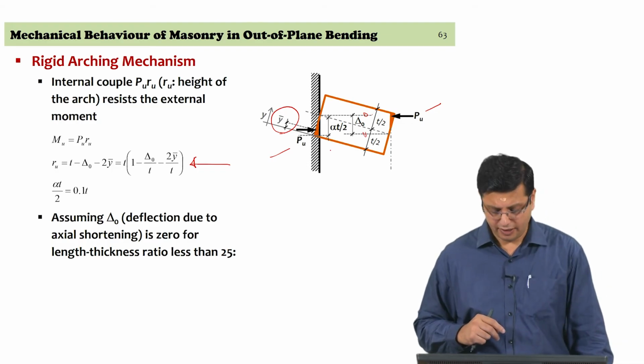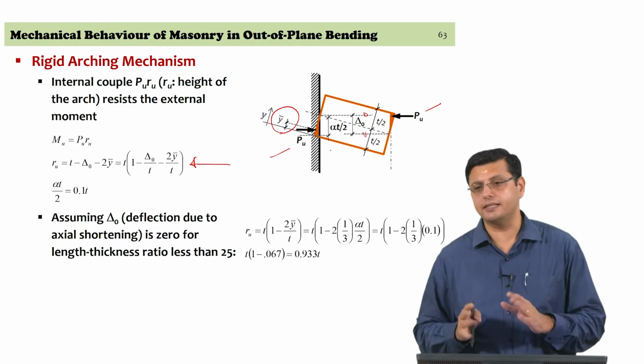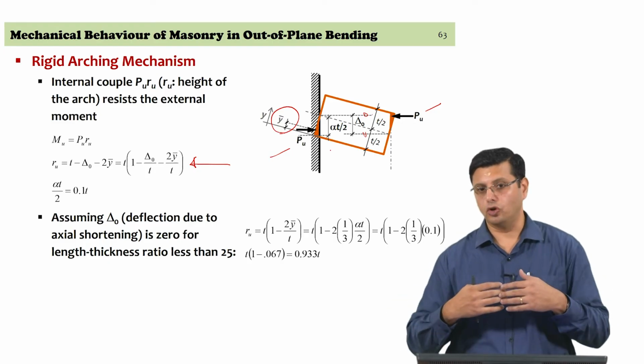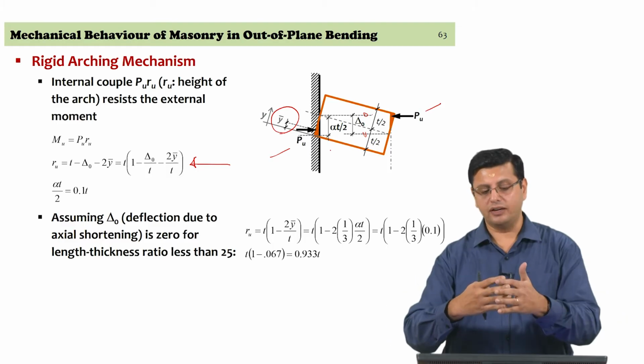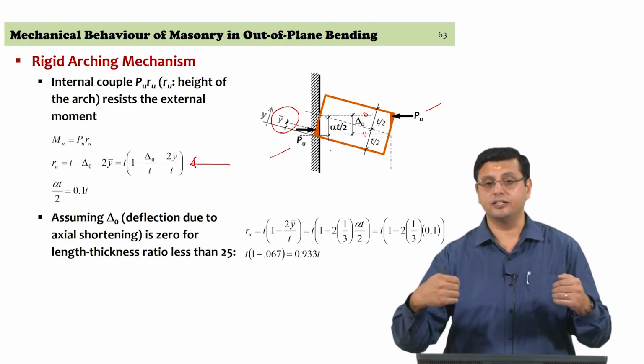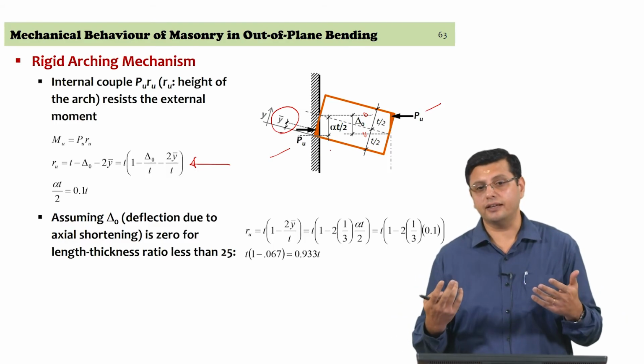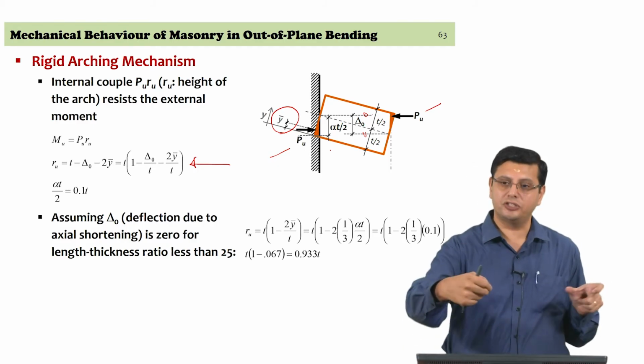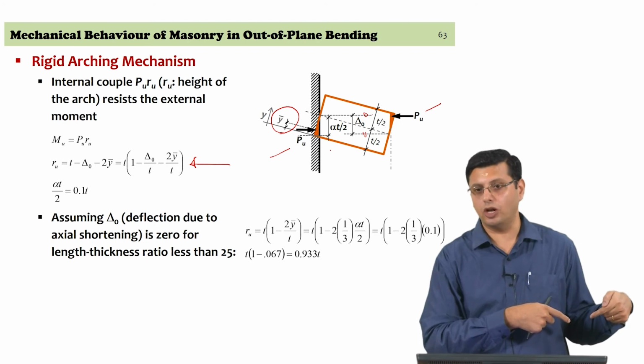Of course, what we are actually assuming in this case is that as the wall deflects, there is axial shortening, and that axial shortening is going to actually create a problem, because if you have large deflections, the axial shortening is more, and then the contact is going to be lost.